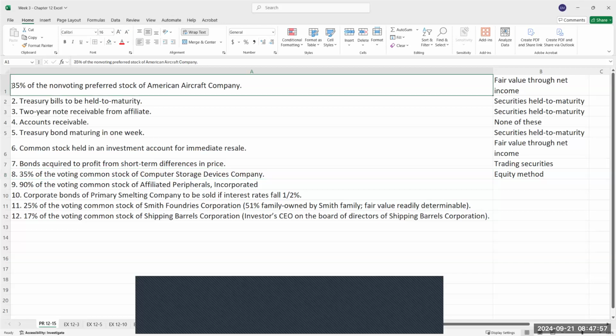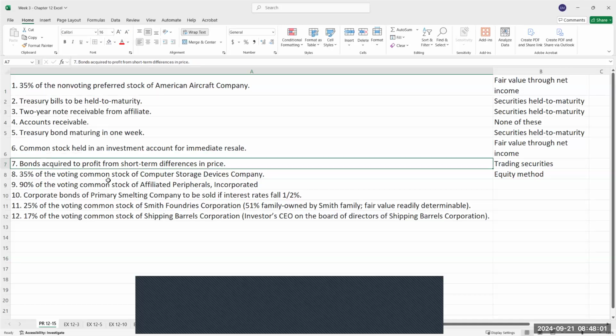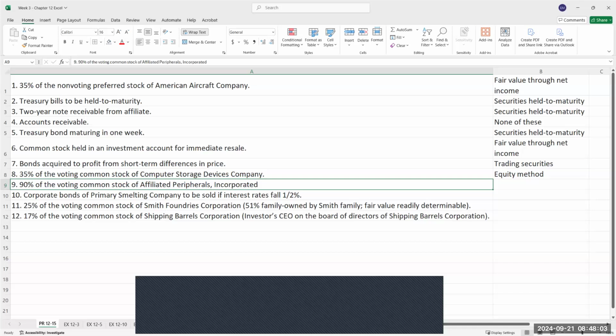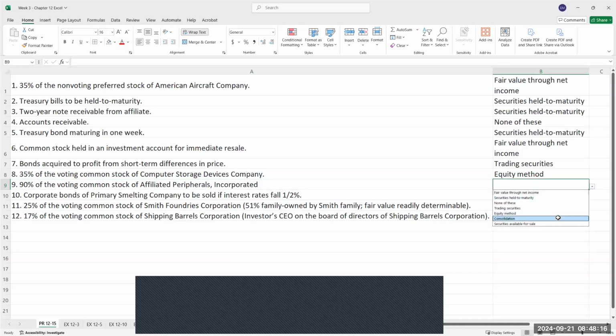This one states 35% of non-voting stock. So that's the key difference. For 9, we have 90% of the voting common stock. Because the voting stock ownership percentage is more than 50%, in such case, the method used would be consolidation.